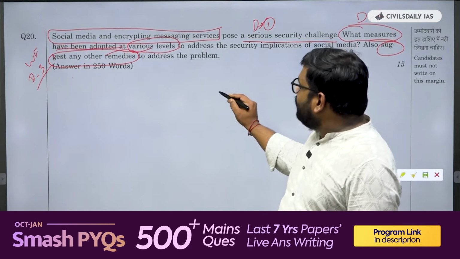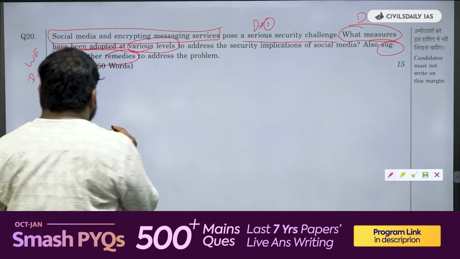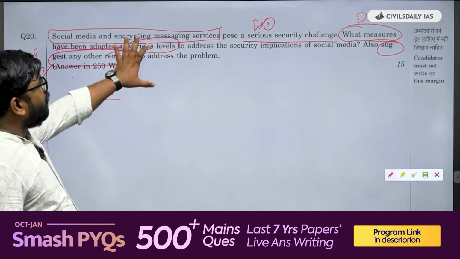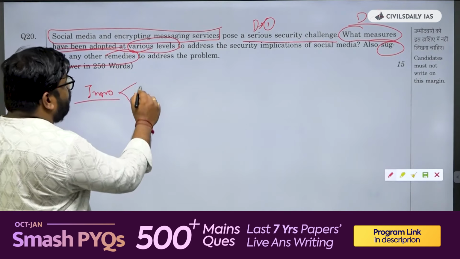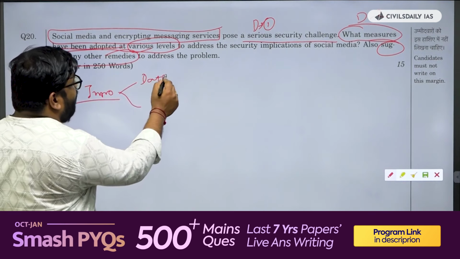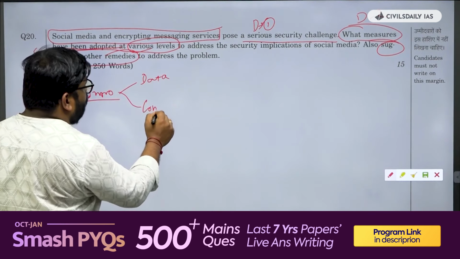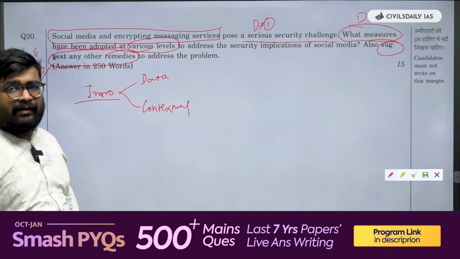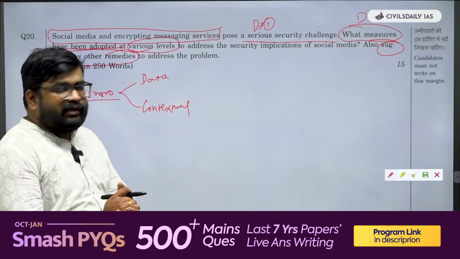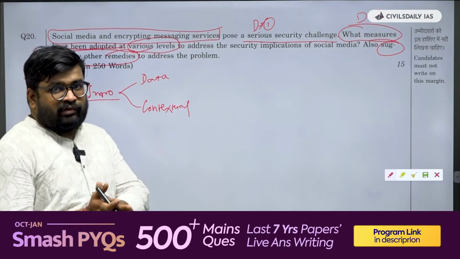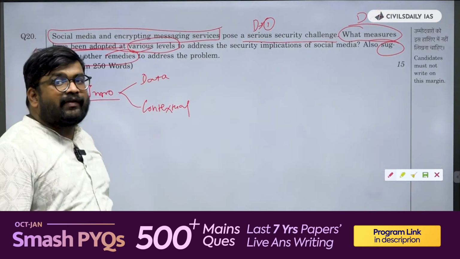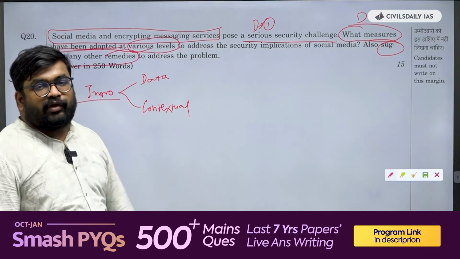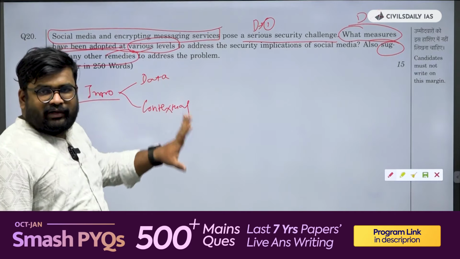So here, for the introduction, the most relevant introduction would be either data-based or contextual, where you can highlight the recent vulnerability or recent news with respect to the use of encrypted messaging services or social media which has posed security challenges, or you can use data.